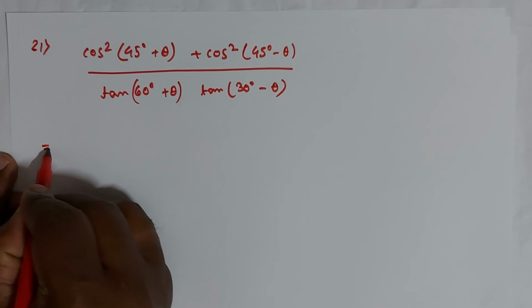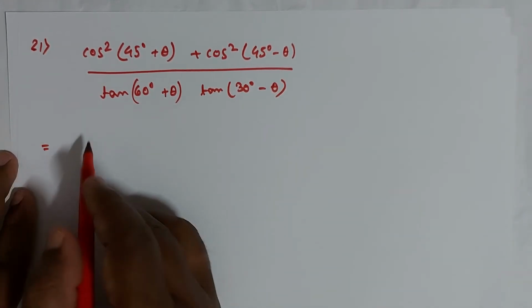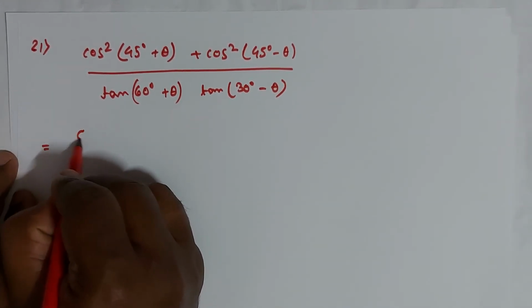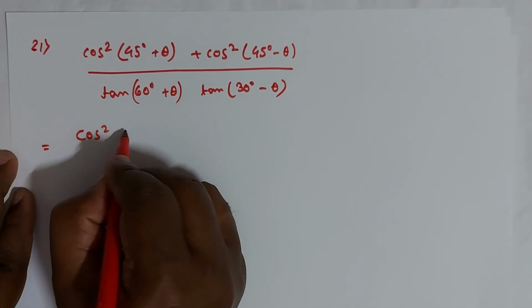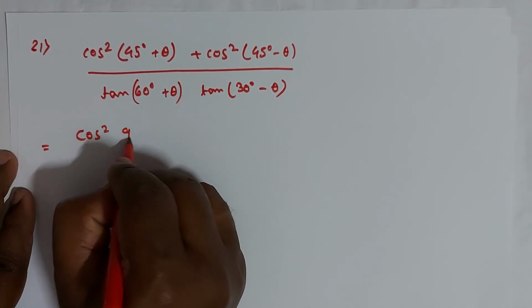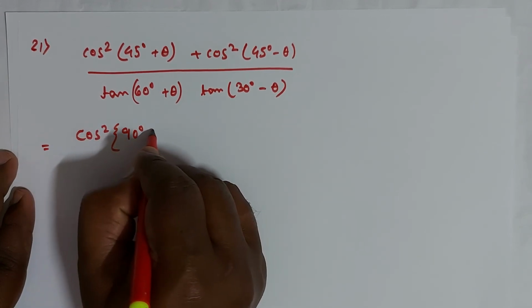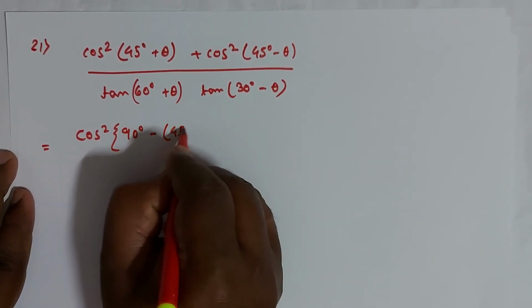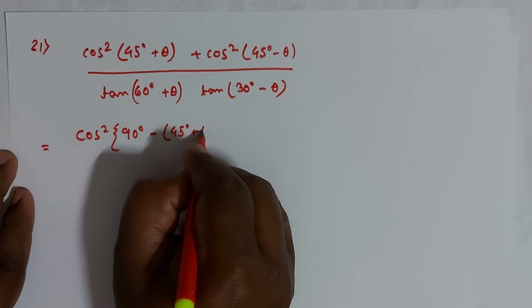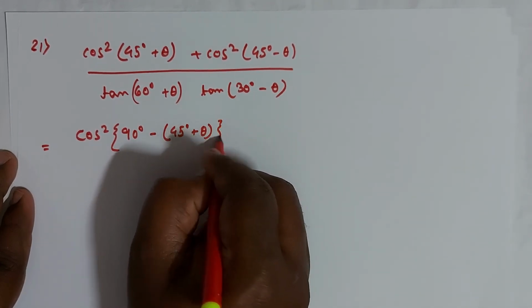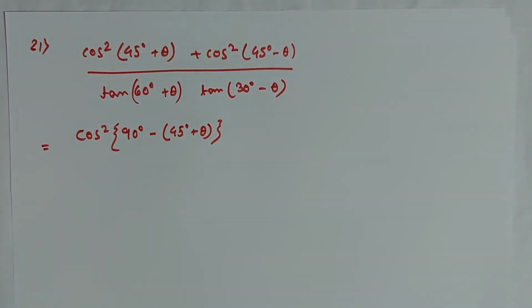let's see. Cos square of 90 minus 45 degree plus theta. Okay, can we write this or not? Yes, we can write this.